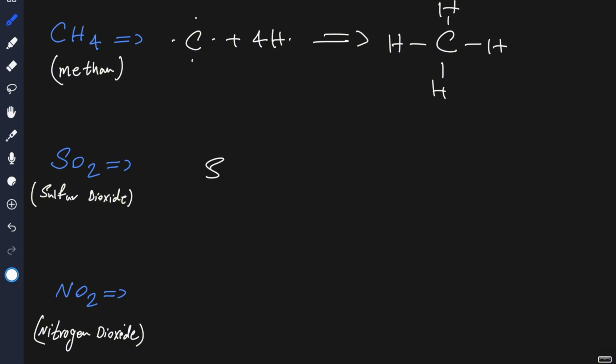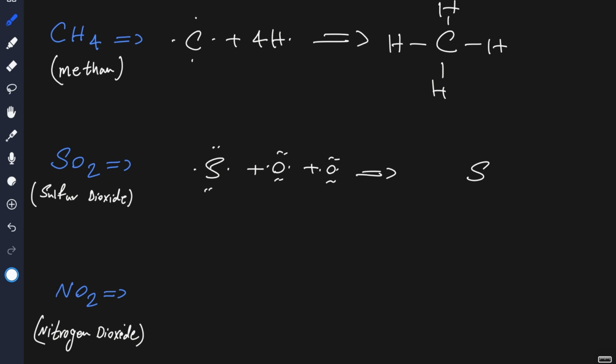It belongs to group 16, so it has 6 valence electrons, plus 2 oxygen. It's exceptional. For what?